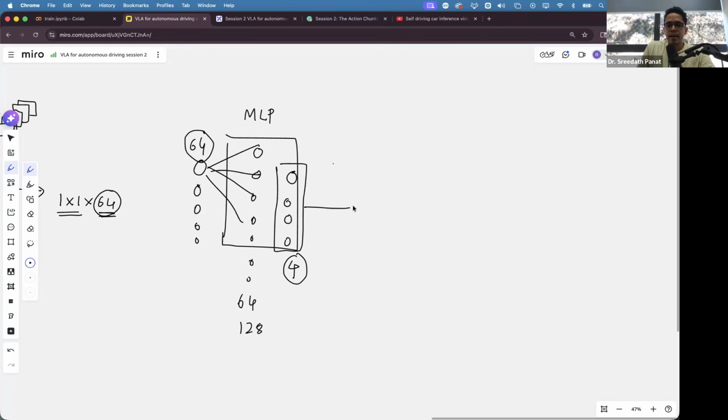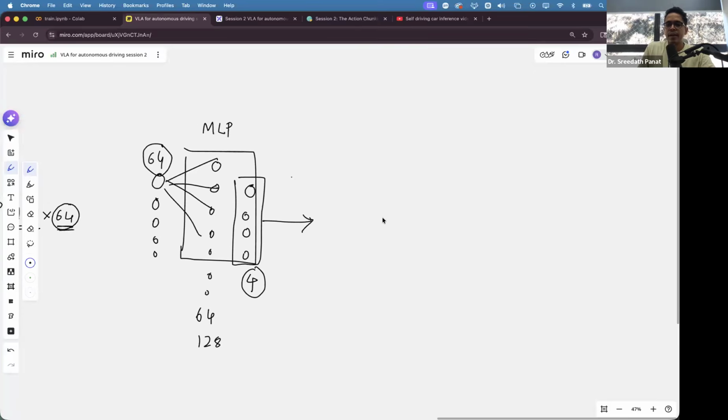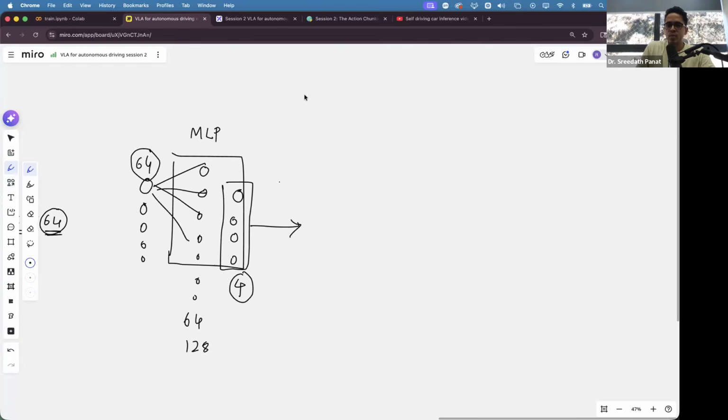Now these 4-dimensional outputs, the numbers, I want to convert into probabilities whose values are between 0 and 1. How do I convert these 4 numbers into probabilities? Softmax is a good thought, but in this case, there is one small caveat due to which softmax is not ideal.